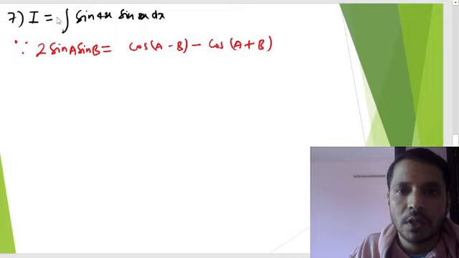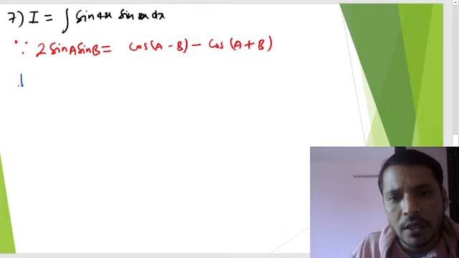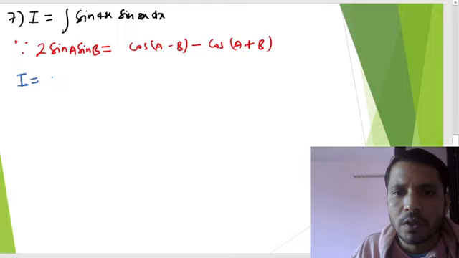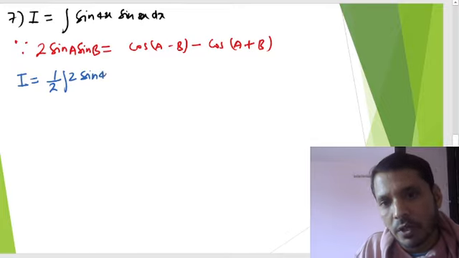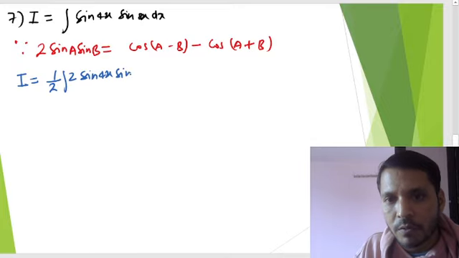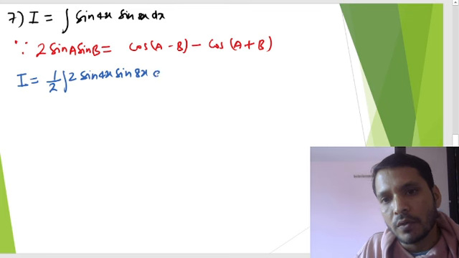So according to this, I is equal to, here first multiply and divide this with 2, so it will become 2 times sin a, where a is 4x, and sin b, where b is 8x, into dx.